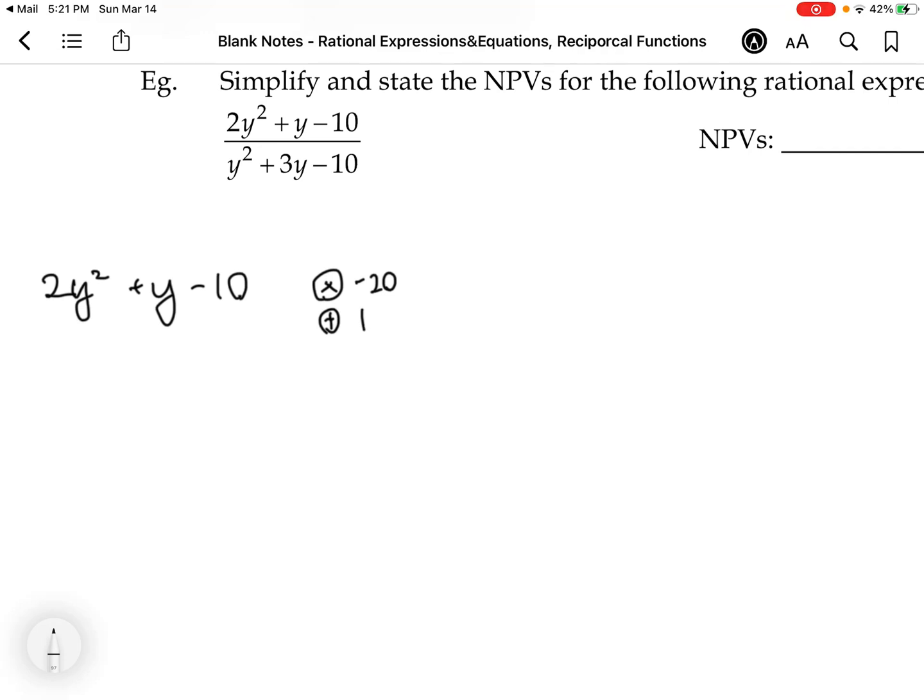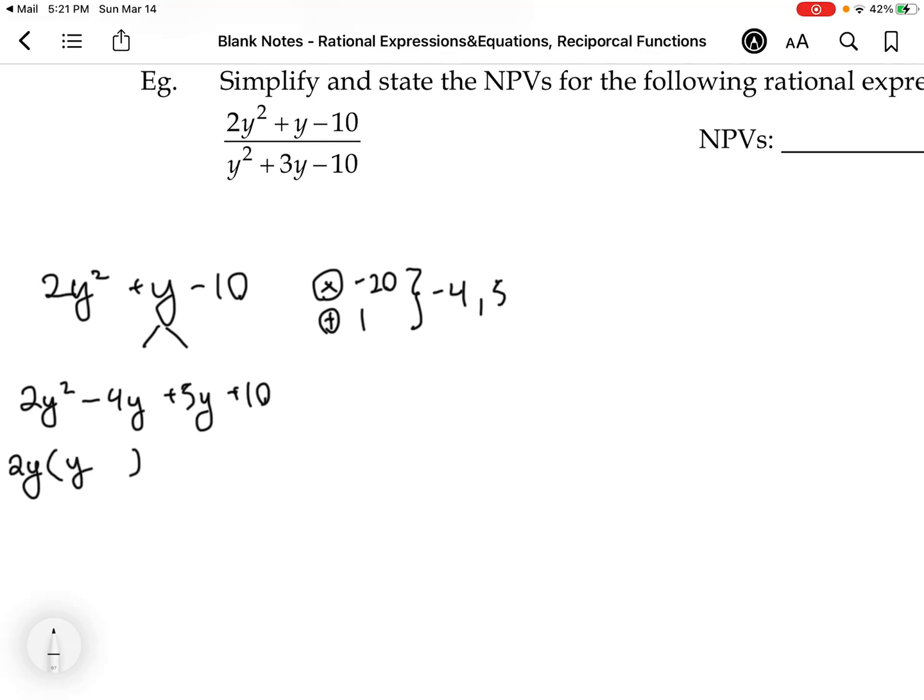Those two numbers would be negative 4 and 5. So we break the middle term down using these two numbers. We get 2y squared minus 4y plus 5y minus 10. Then we can factor the GCF out of the first two terms and the last two terms. 2y would be the GCF there, and we're left with y minus 2.